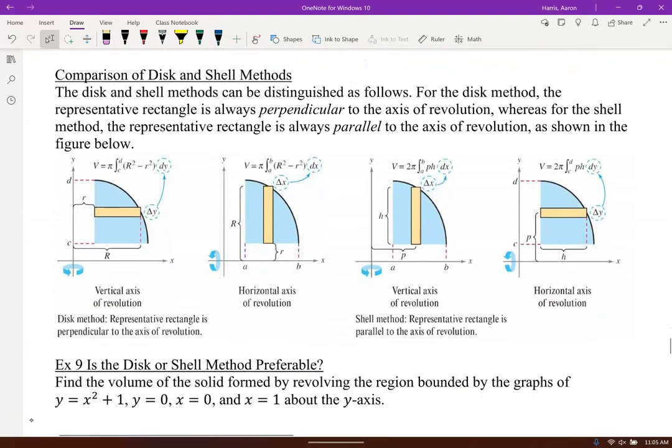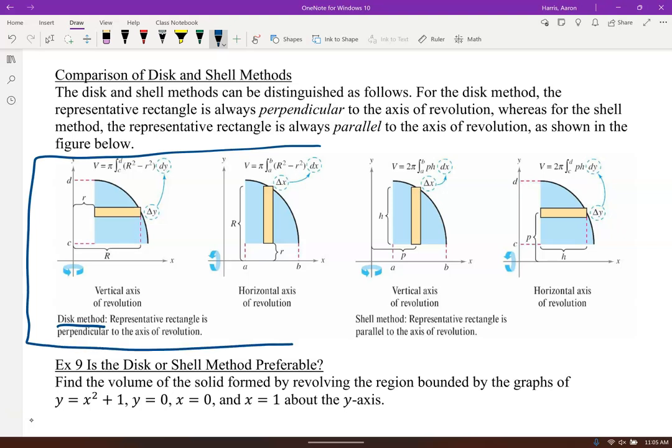So here's a little comparison of the disk and shell methods. With our disk method, let's do the disk here in blue. If we're spinning it about the x-axis, for example, we stayed perpendicular to that, right? In that case, we'd have a hole.